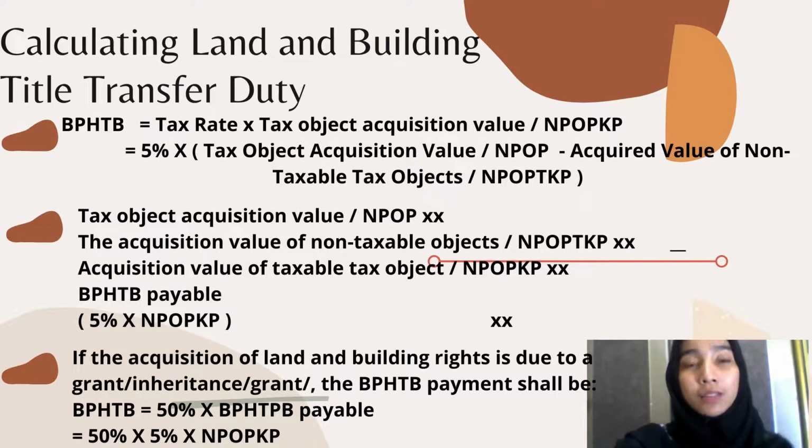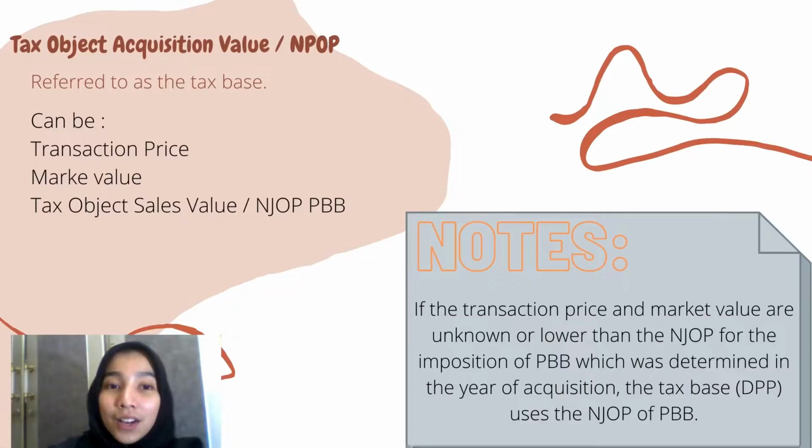If the land and building title transfer is the result of a grant or inheritance, the formula to determine BPHTB payable is 50% times 5% times NPOPKP.